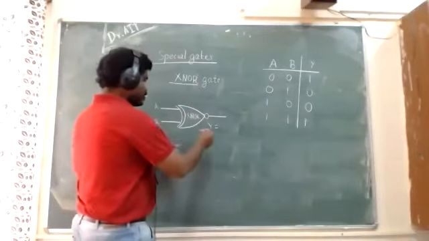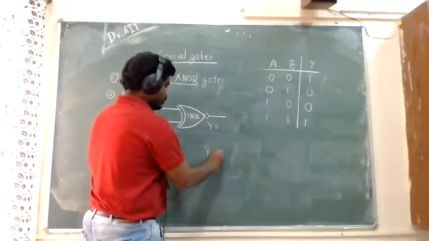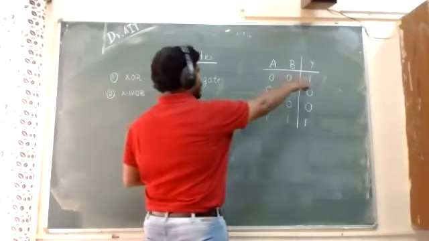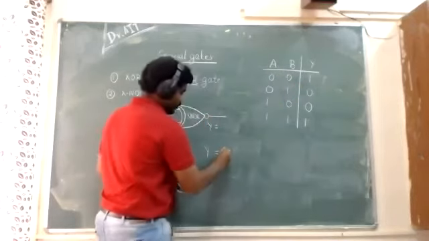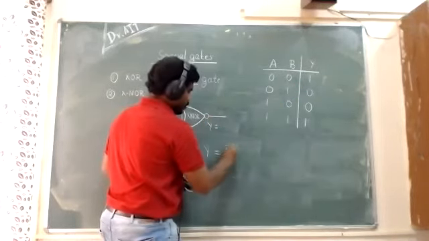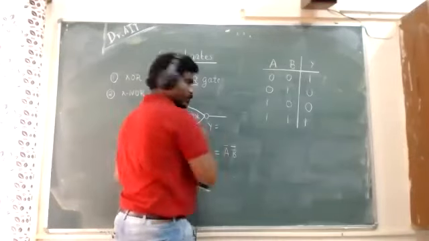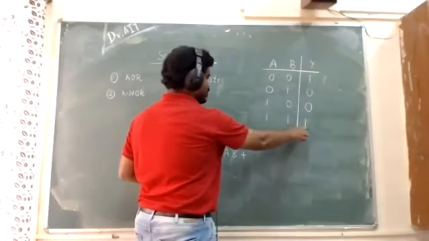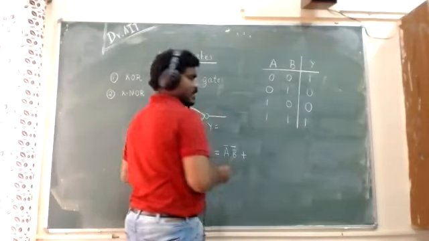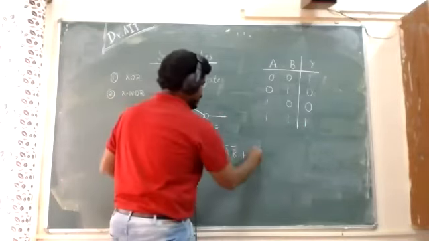Therefore, Y is equal to, taking the first case, A bar B bar, plus, and for the last case, both inputs are in true form, so it is A B.